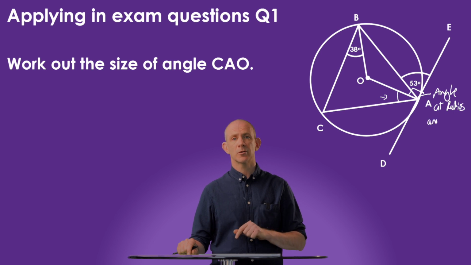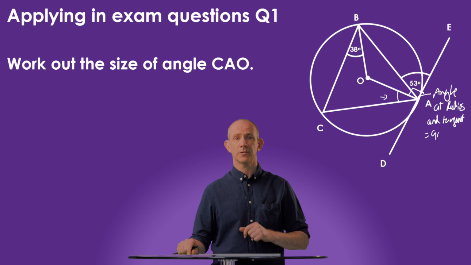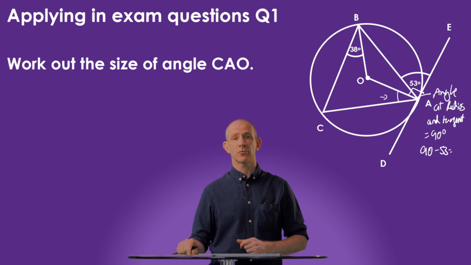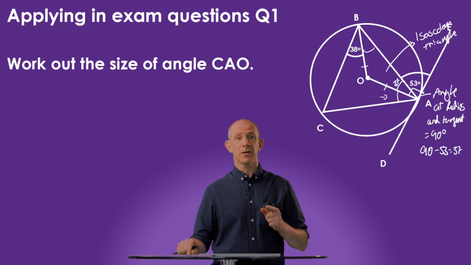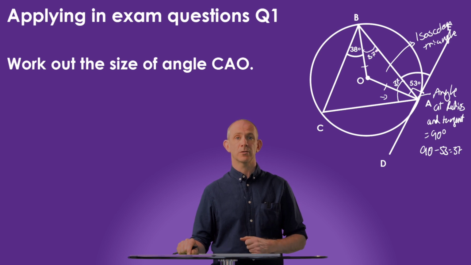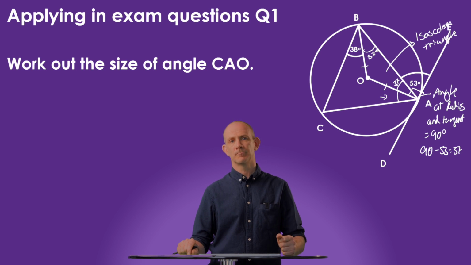So let's start by using the fact that the angle OAE is 90 degrees. If we subtract 53, we'll get 37 degrees, which is the angle at OAB. As triangle BOA is isosceles, as it can be made of two radii, we can say that the angle at OBA will also be 37 degrees, as they're both the base angles of this isosceles triangle and therefore equal.